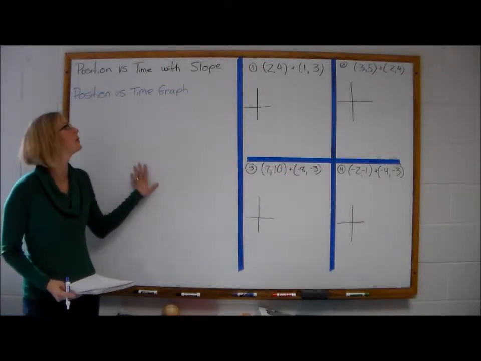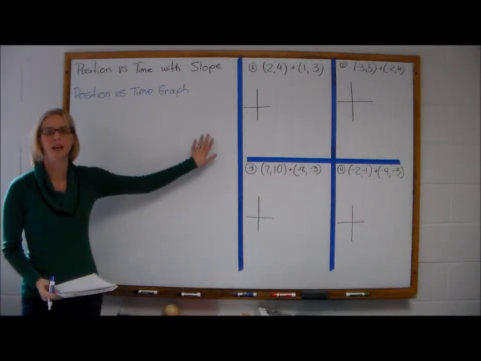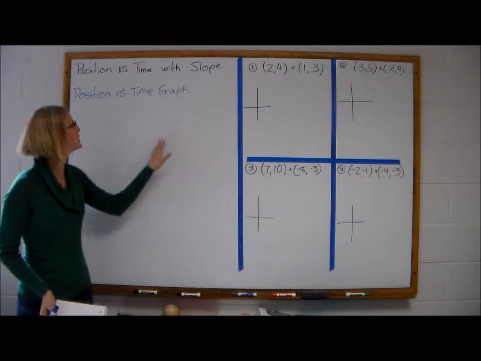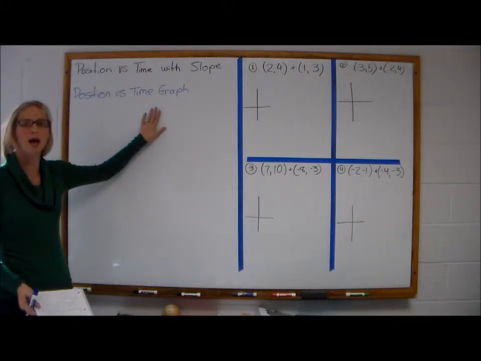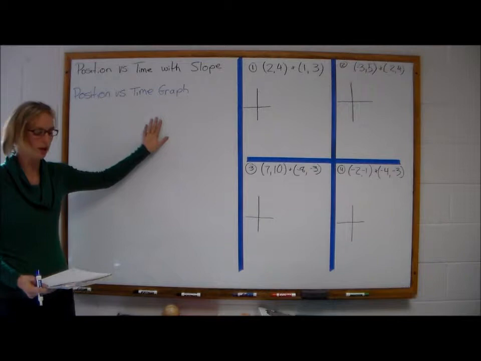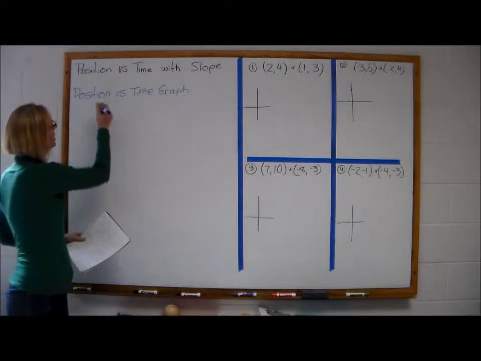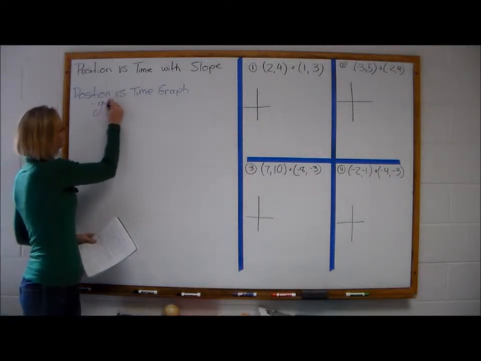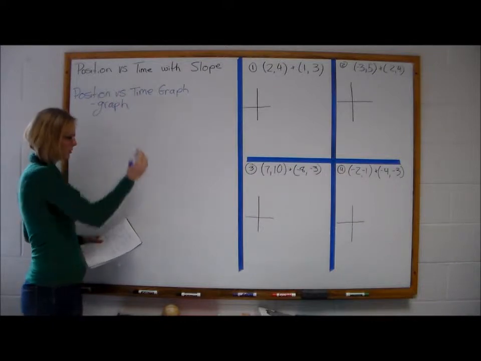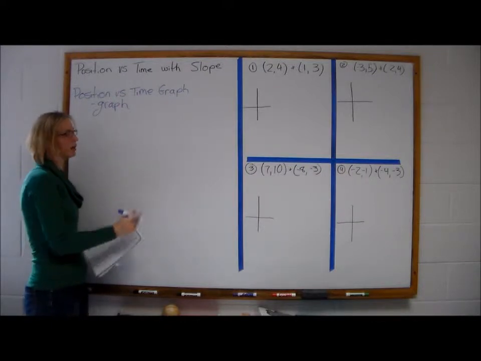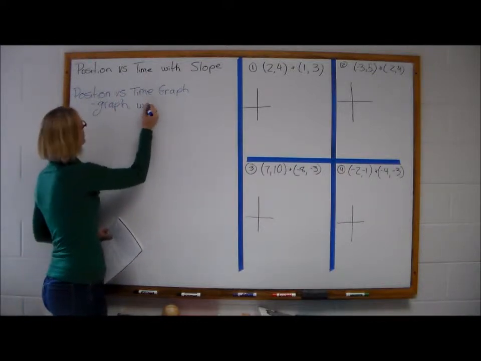Today we're going to talk about position versus time and slope. So first we're going to talk about a position versus time graph, what that is and what it can tell us. First, it's a graph that shows where an object is moving.